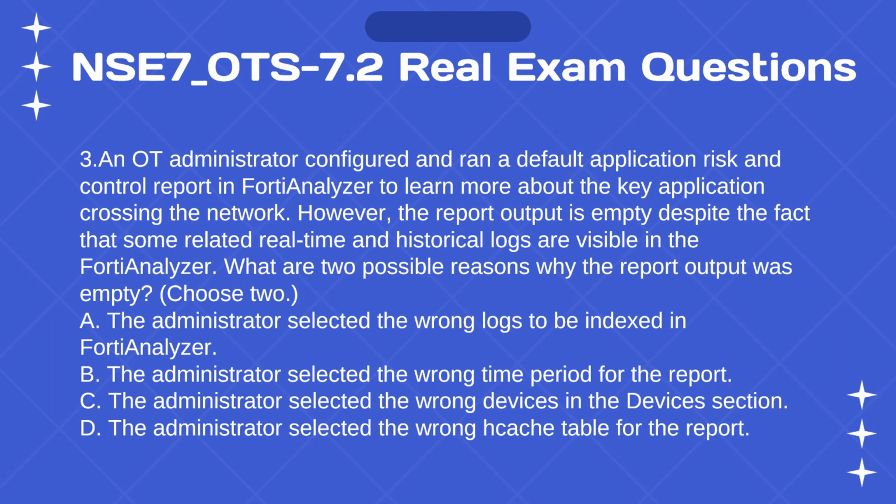Choose 2. A. The administrator selected the wrong logs to be indexed in FortiAnalyzer. B. The administrator selected the wrong time period for the report. C. The administrator selected the wrong devices in the Devices section. D. The administrator selected the wrong Hcache table for the report.